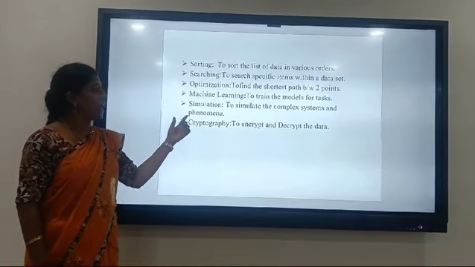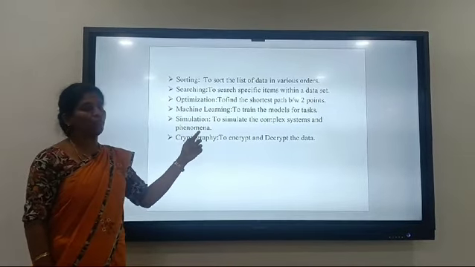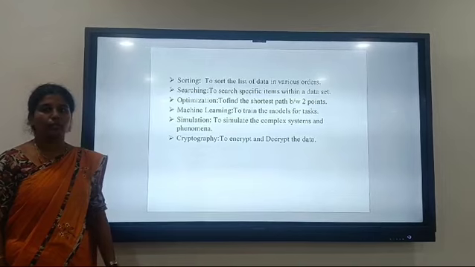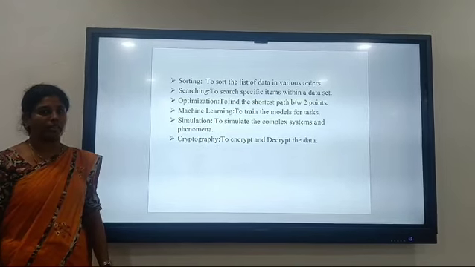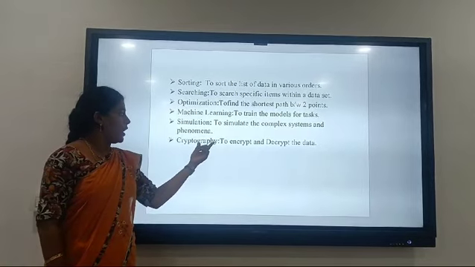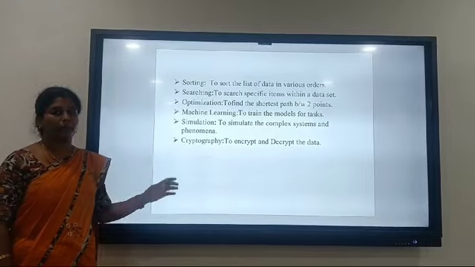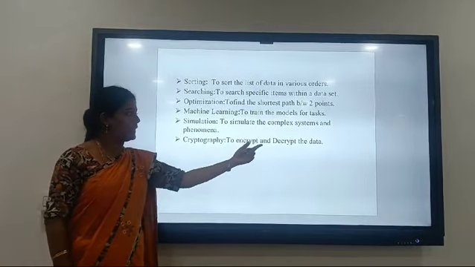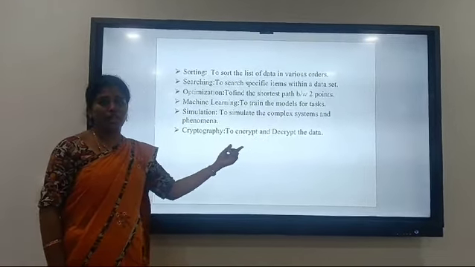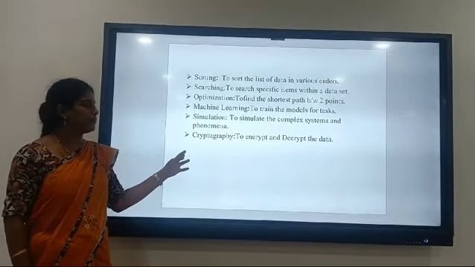Next, simulation. Algorithms use simulation to simulate complex systems and phenomena such as weather patterns, fluid dynamics, and financial markets. And coming to cryptography, algorithms use cryptography to encrypt and decrypt data for communication, to secure keys, and for authentication.